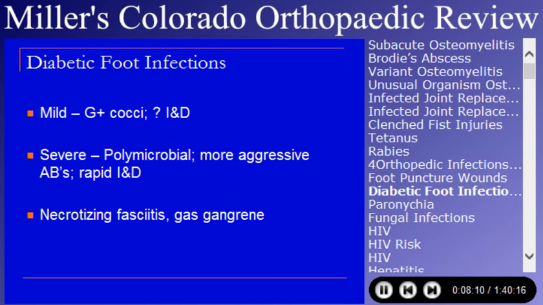Severe infections, though, are polymicrobial, require rapid and aggressive incisions and drainages and debridements, and the antibiotics need to cover multiple organisms. Necrotizing fasciitis and gas gangrene are potential accompaniments of diabetic foot infections.